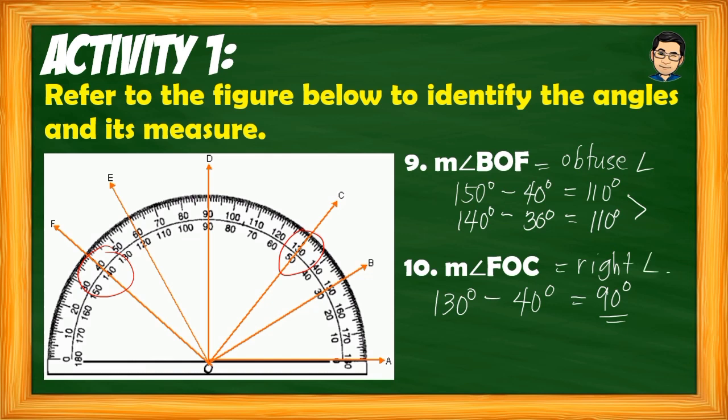Check natin sa ibaba yung 140 tsaka 50. So, 140 degrees minus 50 degrees is equal to 90 degrees. So, again po, pareho pong 90 degrees ang lumitaw, nasa baba man po or nasa taas ang ating gamiting mga sukat.